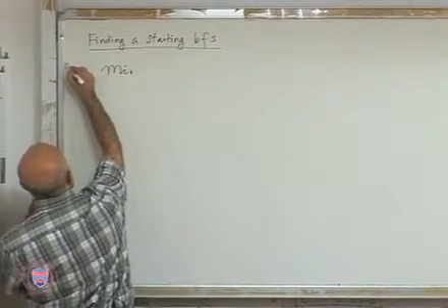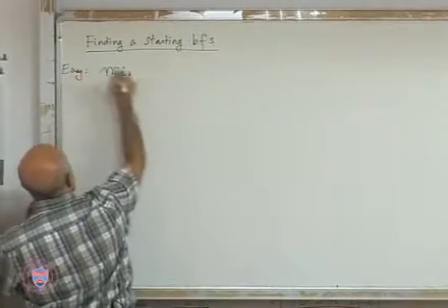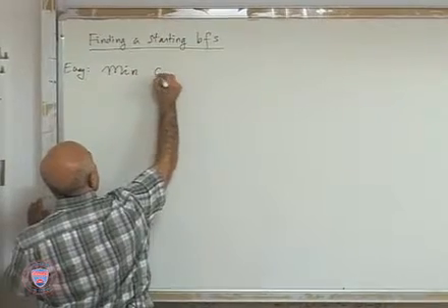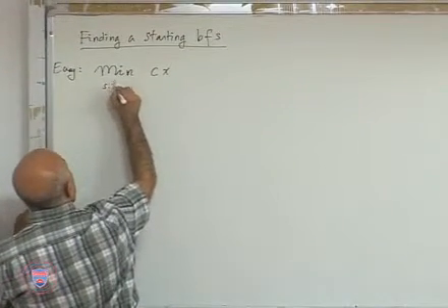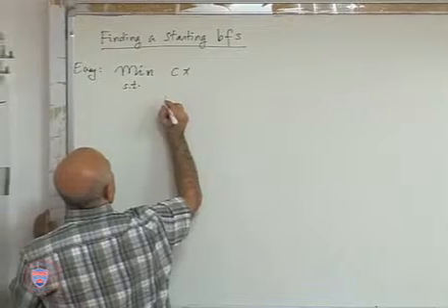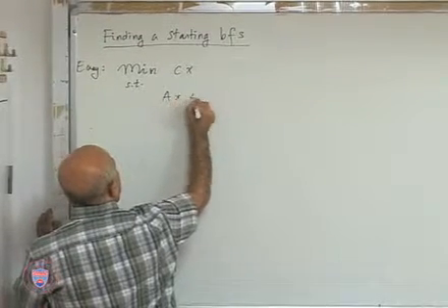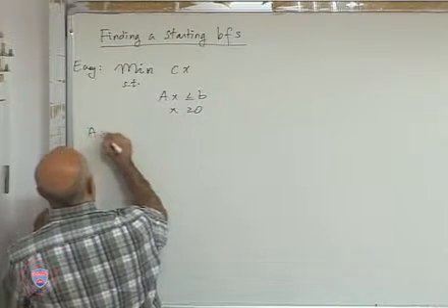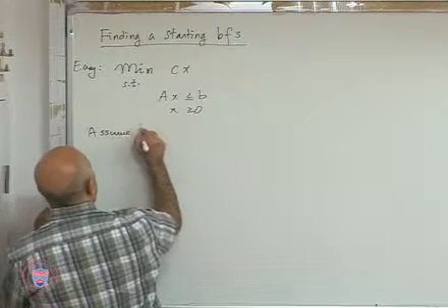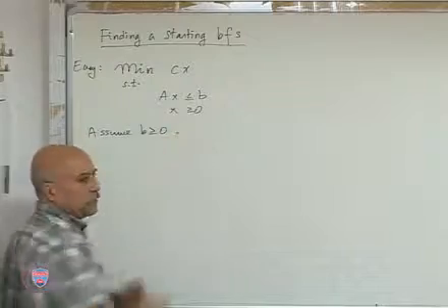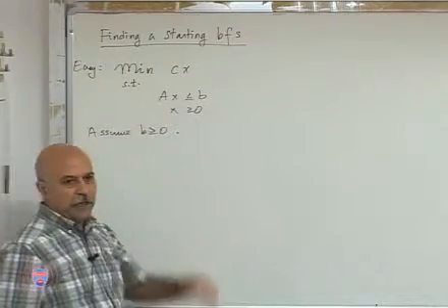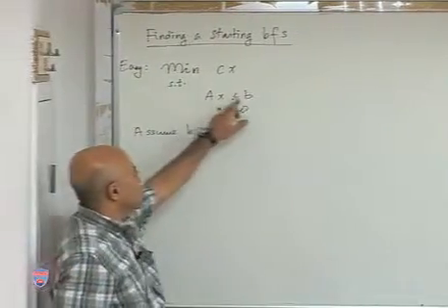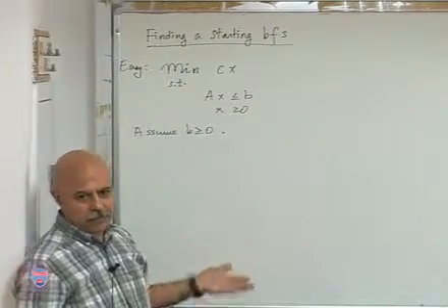So this is the easy case. Suppose you're minimizing Cx subject to Ax less than or equal to b, x greater than or equal to 0. Assume b is non-negative. So I put all my constraints in less than or equal to form. Suppose that's the case, okay?